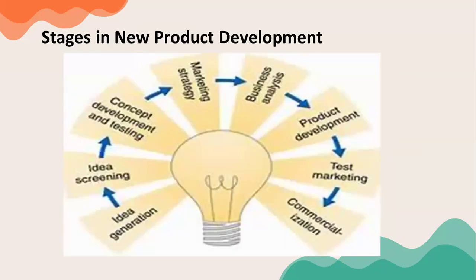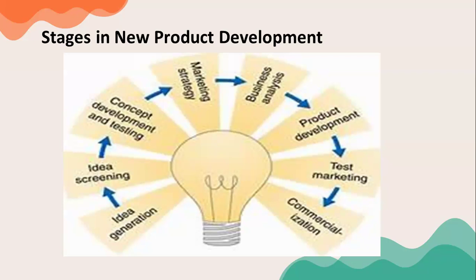And we discussed the stages of new product development. If you're coming up with a new product, you're introducing something new into the market. These are the stages. First you do the idea generation. You may come up with several ideas, and then you screen the ideas to find out what is the best out of the available ideas.